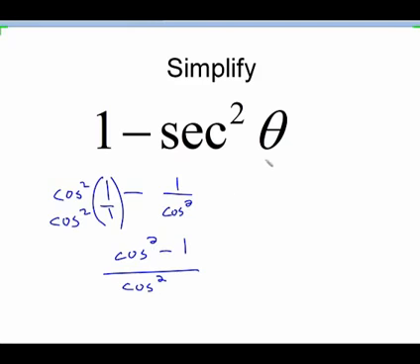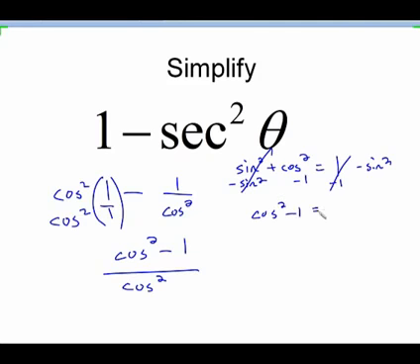Now, if you remember back from our Pythagorean identity, remember sine squared plus cosine squared is equal to 1, right? So we have a positive cosine squared here, minus 1. So what you're really doing is you minus 1 here, you minus sine squared here, minus sine squared here. So that's gone. You end up with cosine squared minus 1 is equal to negative sine squared.